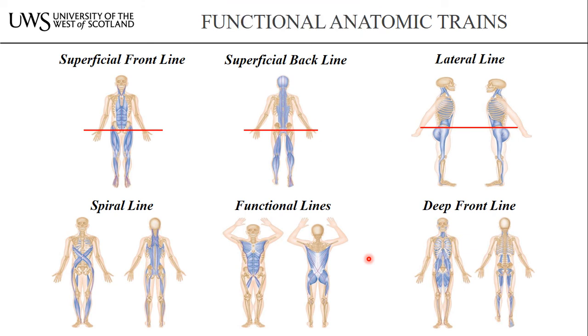Well, another very important line laying in the very inner side of the human body is the deep front line. The deep front line is anatomically interposed between the left and the right lateral lines in the frontal plane, and it's like sandwiched between the superficial front and the superficial back line, and it has also functional connectivity with the two functional lines previously described.